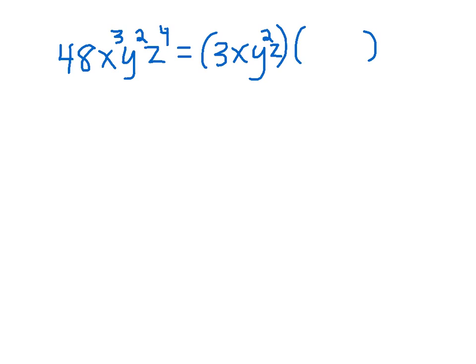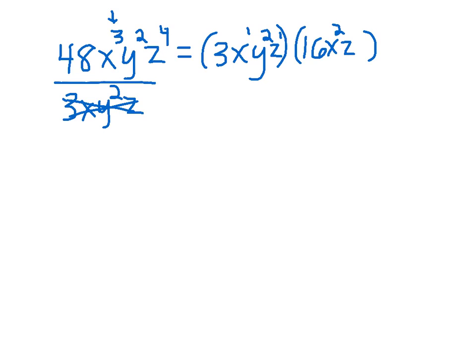So you could divide the 48 by the 3xy squared z and get your answer. Or else you could just look and say 3 times what is 48. Some kids like to divide, but I like to just say 3 times 16 would give me 48. I've got x to the 3rd here, and one of them here, which means I'm missing 2. Y to the 2nd, I'm good. And I need 4 z's, and I've only got 1 so far, so it's got to be z to the 3rd.